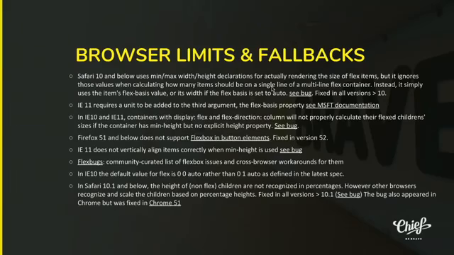So for example, Flexbox in button elements in Firefox 51 and below. I think we're now on like 80-something. So there are a few of these that aren't that big of a deal, but again, testing is what's going to do you the most favors here.